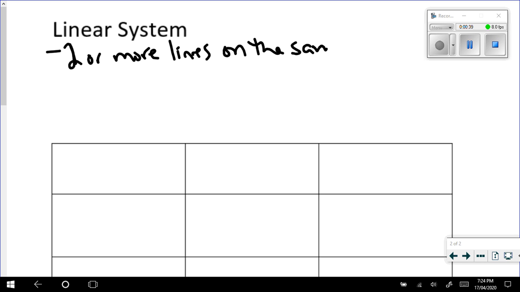And what it is, is two or more equations being looked at at the same time. Now, we're only going to look at two, but the proper definition is two or more.